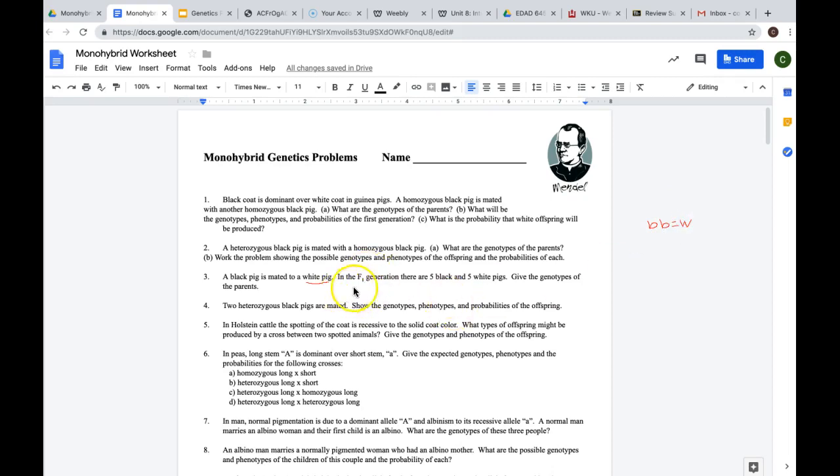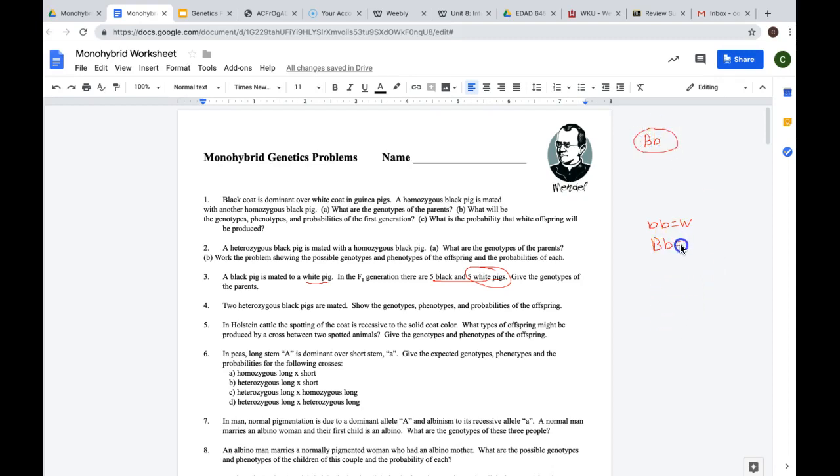And then the F1 generation has 5 black, 5 white pigs. So the black pig, in order to have any white pigs, would also have to carry a recessive allele, because if it was homozygous dominant, we would end up with all offspring being heterozygous, so they would still be black.